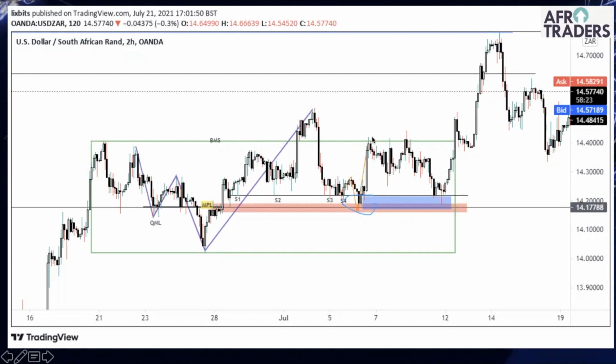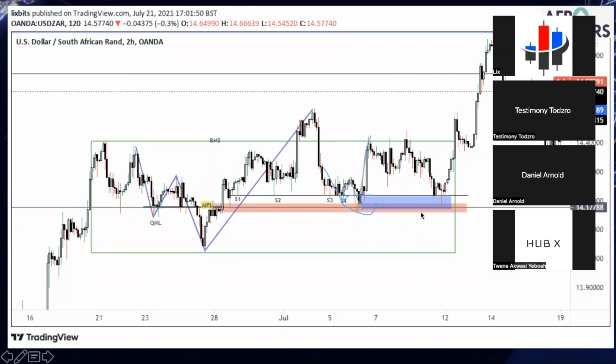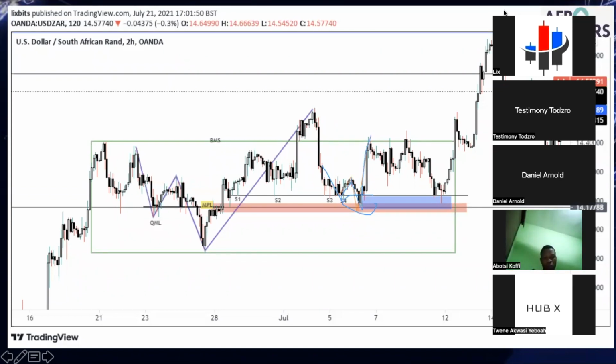We are lucky it gave us a big move; for instance, I wouldn't have held till here. But if it comes back, you see that here again we have a Quasimodo. Can you see that? You have a low, a high, a lower low, and a higher high. So this will be another entry.